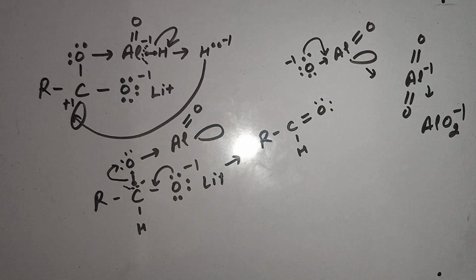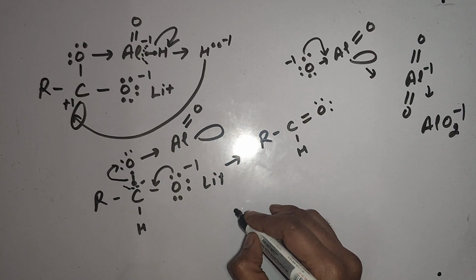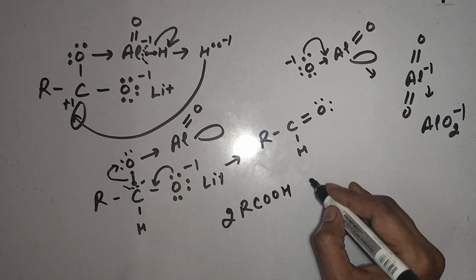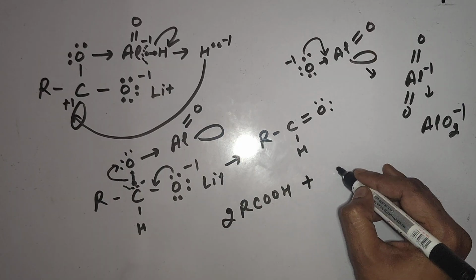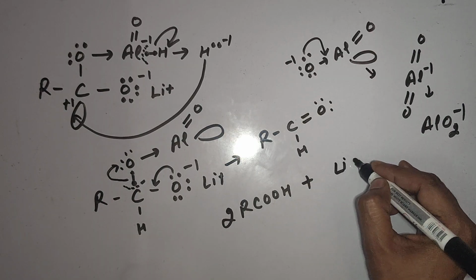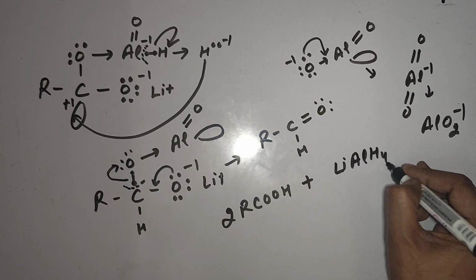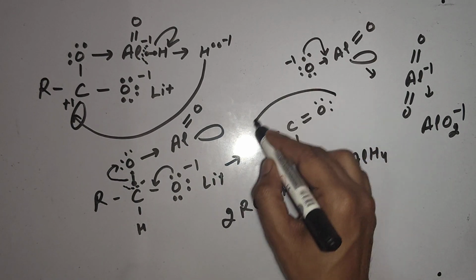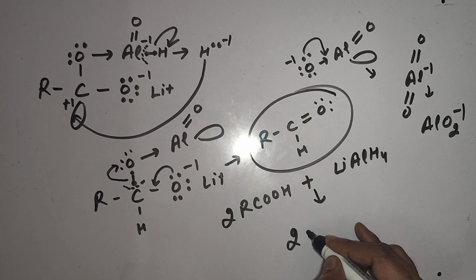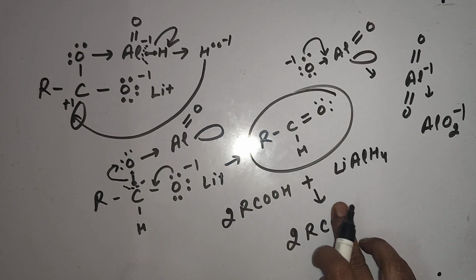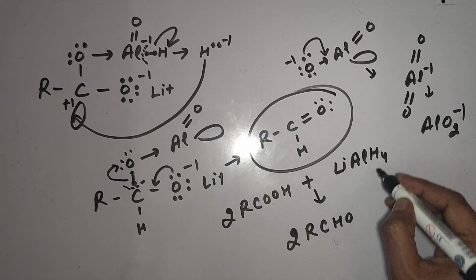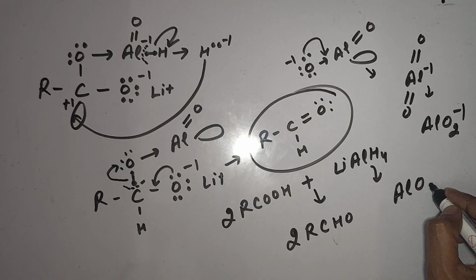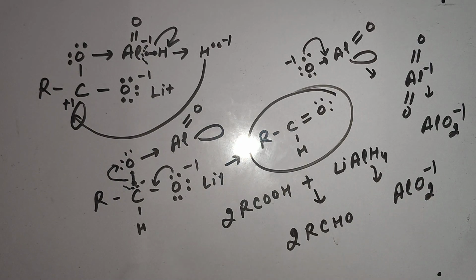Now let me sum it up. Two molecules of RCOH plus one molecule of lithium aluminium hydride made, watch here, second aldehyde particle. Two molecules of RCOH means aldehyde, and this particle turned itself to AlO2 -1.